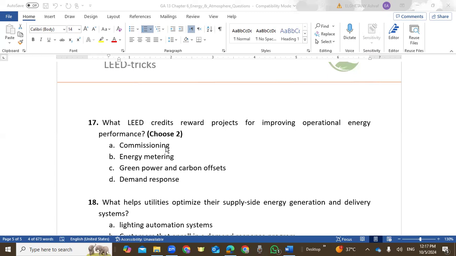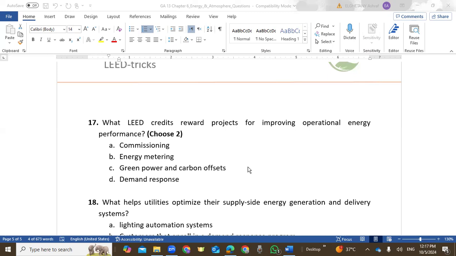Commissioning, I would say yes. Why? Because in commissioning, you test the system to make sure it works in a proper way. The input, the efficiency, everything is good. So when I do commissioning, it will improve the operations of the building.